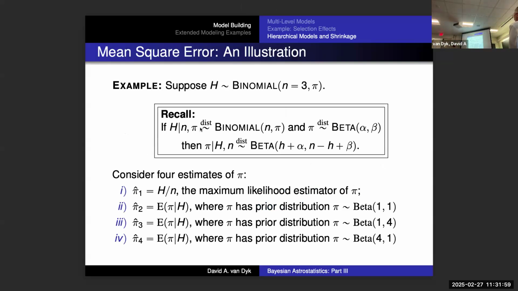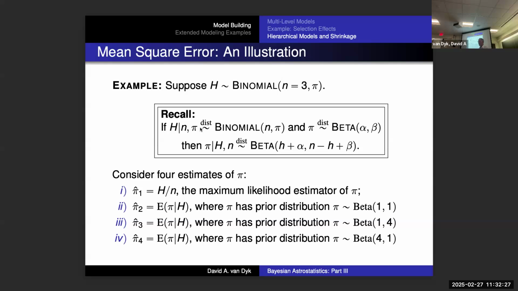Okay, so let's look at an example. This goes back to the binomial example we had in the lecture the first time. So I have a binomial data set, and you remember we're using the binomial for hardness ratios, but we won't think about the precise example in this case. I have a binomial distribution. I still have the capital H for hardness, and I put a beta distribution because it's conjugate, and we found out that the posterior distribution is also beta again because this is a conjugate distribution.